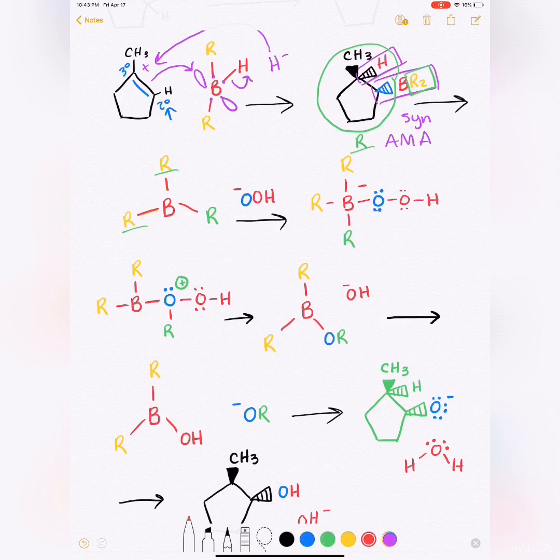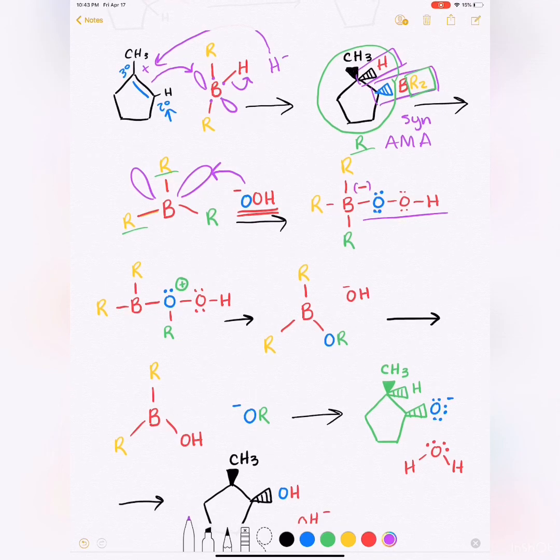So remember the other reagents in solution were NaOH and hydrogen peroxide? Well, the OH in NaOH is going to grab a hydrogen off of hydrogen peroxide, giving us this species here, which is very reactive. Now remember, boron still has this empty p orbital, and this species is going to attack this p orbital, and boron is going to have now 4 connections, and it doesn't like that because it has this negative formal charge.